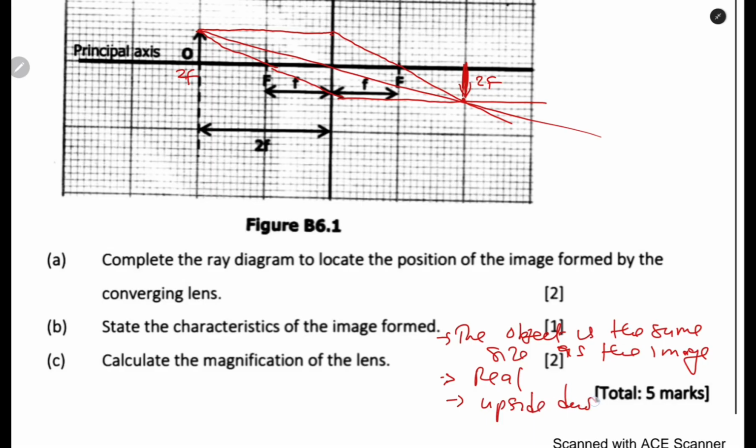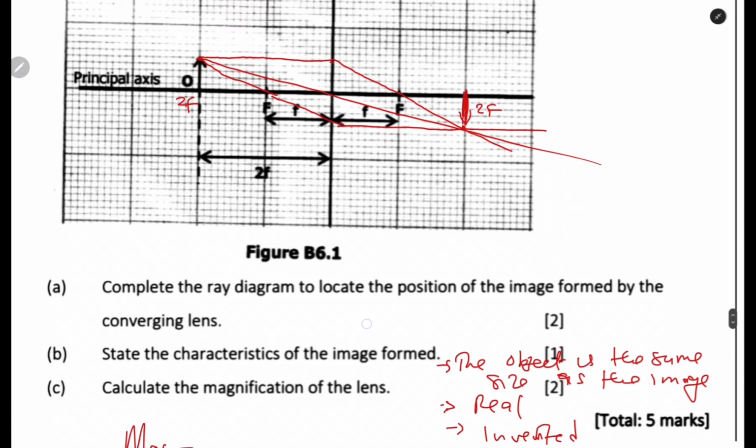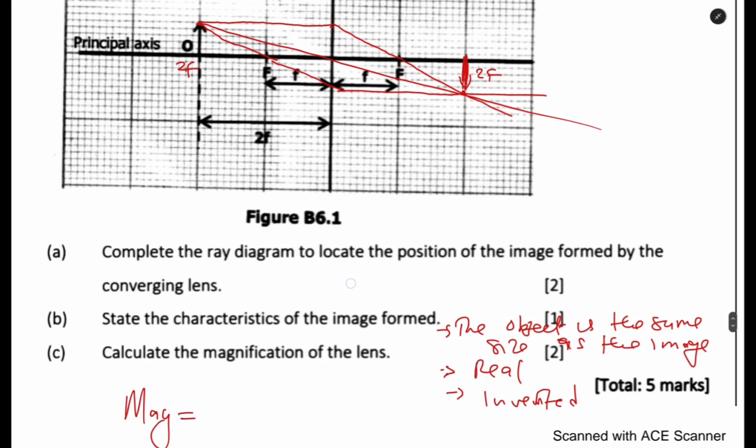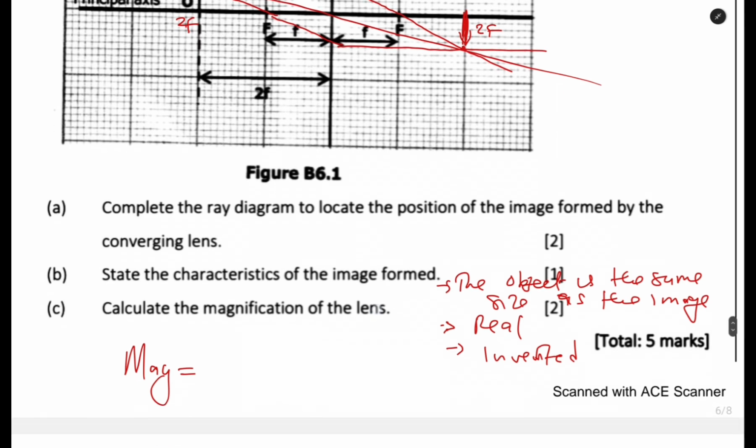Upside down, or let me just put inverted. Okay, then calculate the magnification. So magnification, mg, is equal to the height of the image divided by the height of the object, or you can use the distance of the image from the optical center to the distance of the object from the optical center, which means you can use v over u.